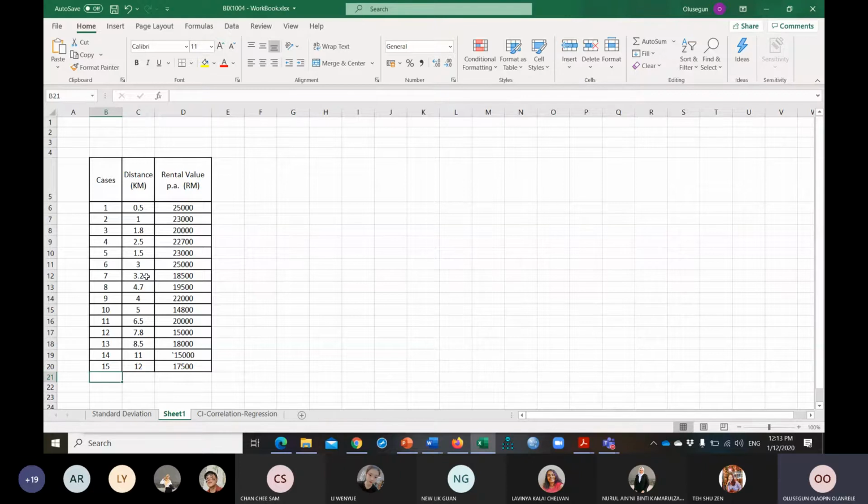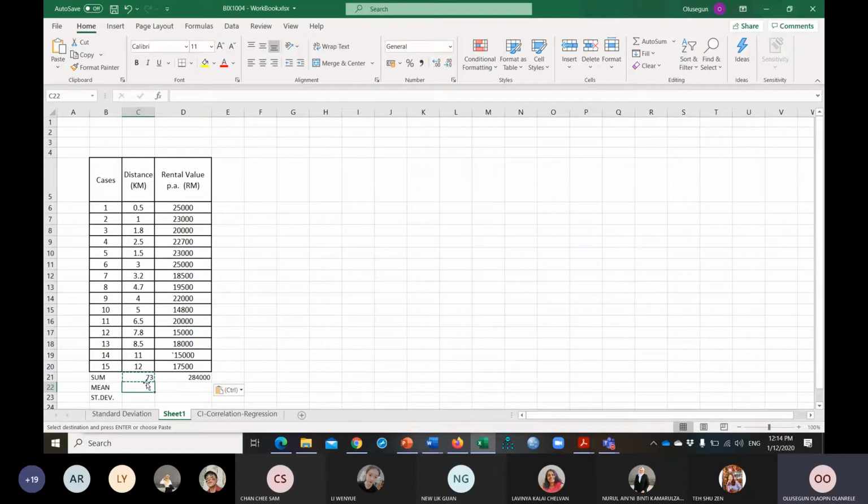So let's start from getting the sum, then the mean, and then the standard deviation. First of all, you get the addition of this. So we get the sum. We get the sum for this as well. So what is the average, the mean distance and the mean rental value?